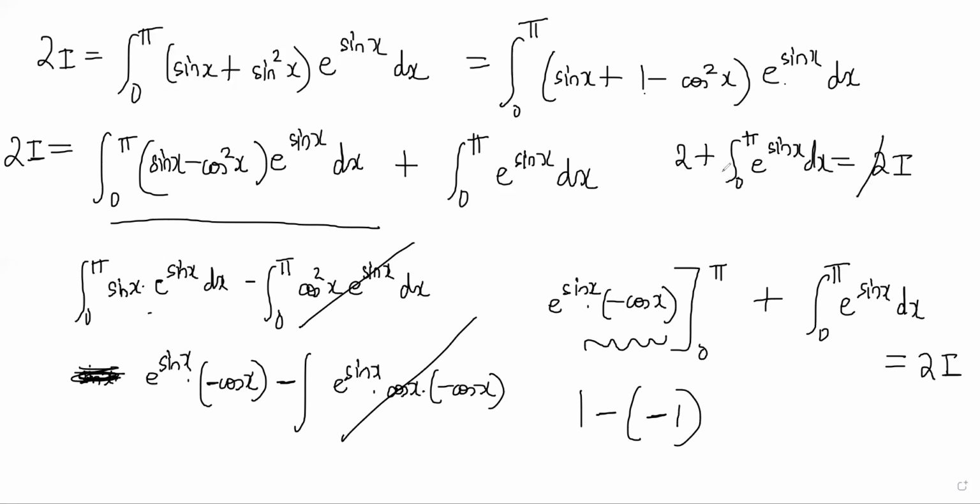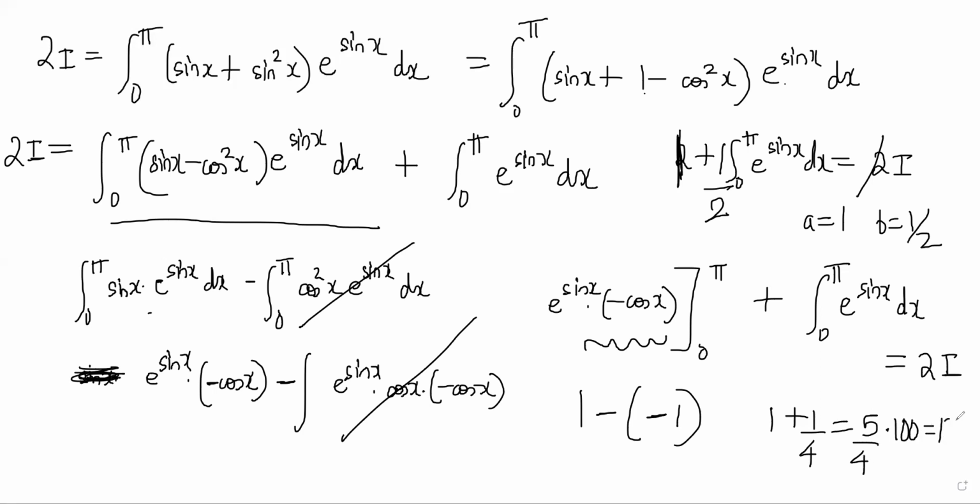So I is becoming 1 by 2 here and 1 here. A is 1, B is half. A square plus B square is 1 plus 1 by 4, 5 by 4, into 100 is 125.